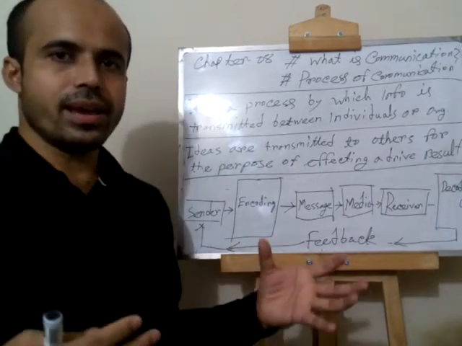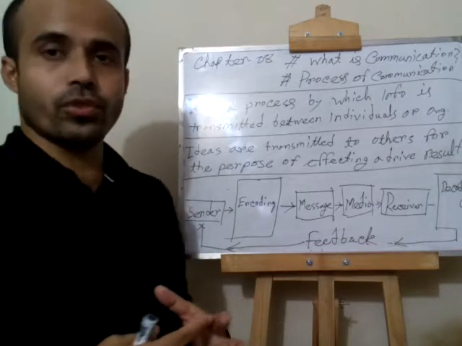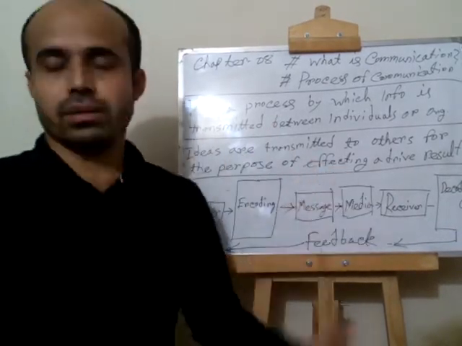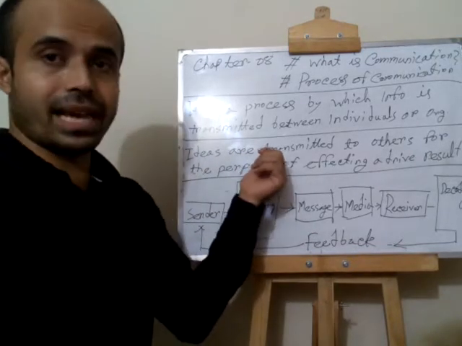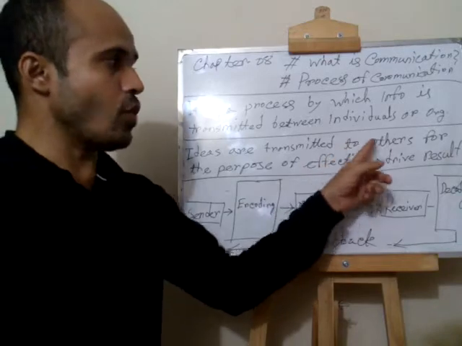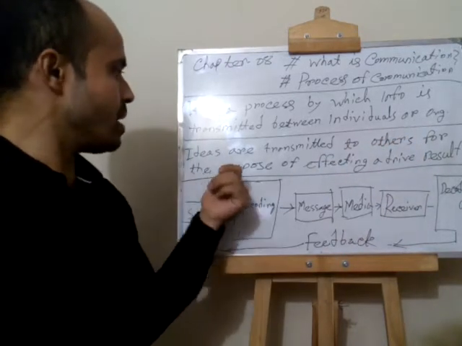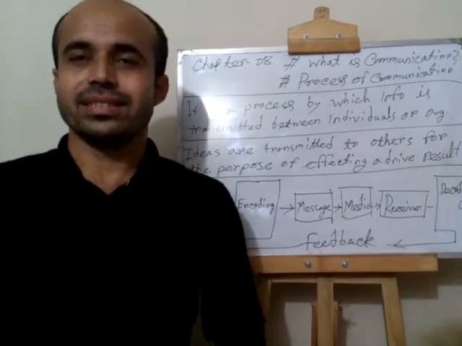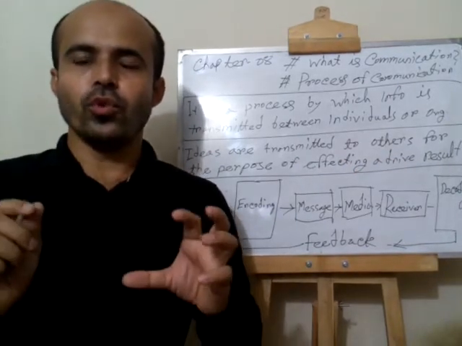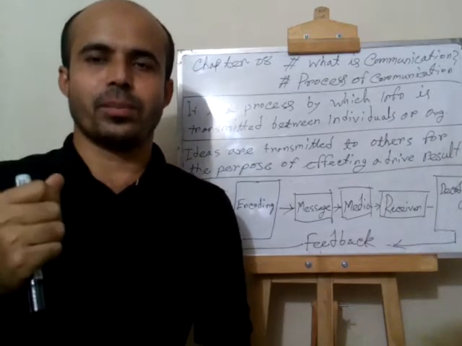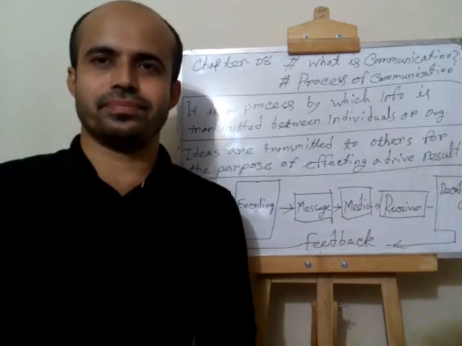So today we can also give another definition of communication. In the second row you can see it. Ideas are transmitted to others for the purpose of effecting a desired result. Someone intentionally calls someone, I need a book.